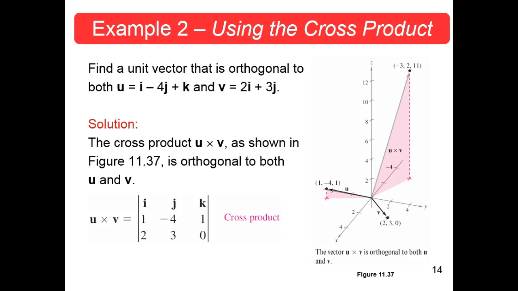But your u vector is plus 1 in x, minus 4 in y, and plus 1 in the k direction.